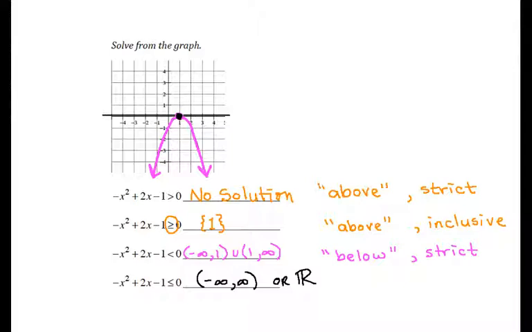So similar to the other case, this one is pretty reasonable to figure out if we're looking at a graph. But if we are solving this symbolically, we need to be comfortable having only one zero in our number line. We would solve the equation and get just one zero because this turns out to be a perfect square trinomial, so both factors are the same.